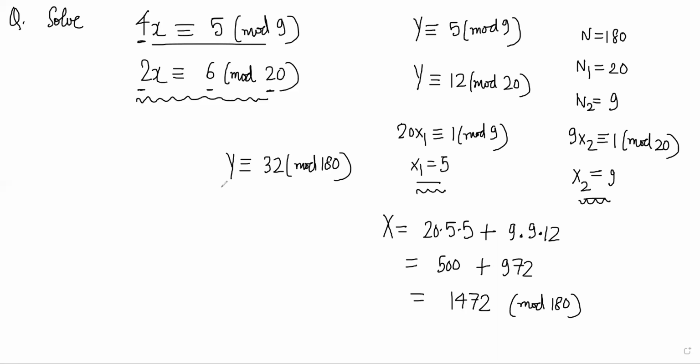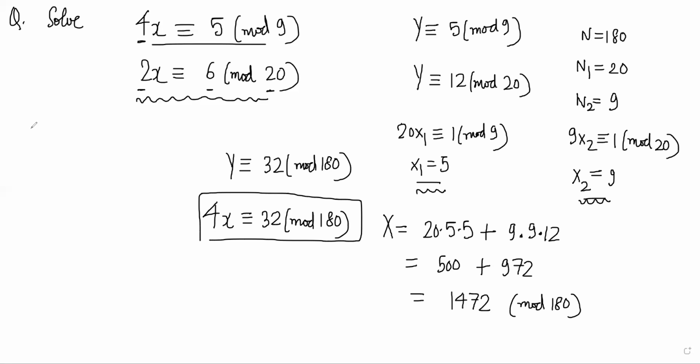Then y is actually 4x, right? So 4x is 32 mod 180 you're getting, correct? Can I divide by 4? So now think about it.